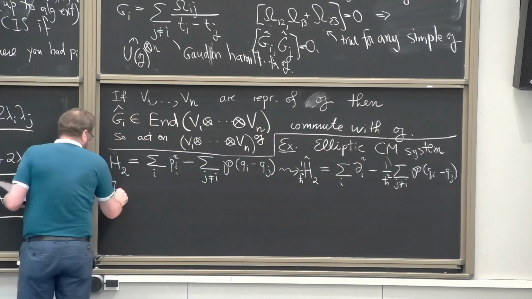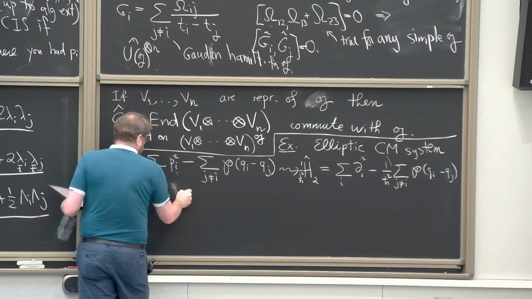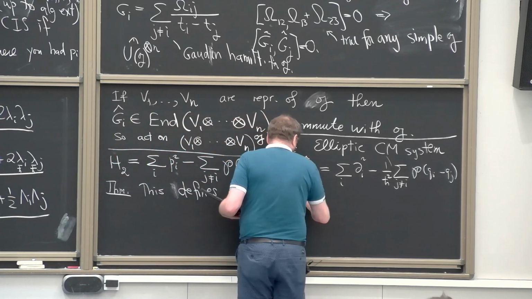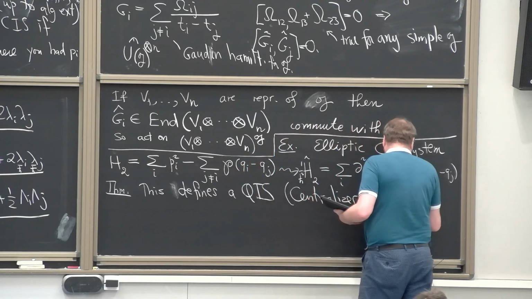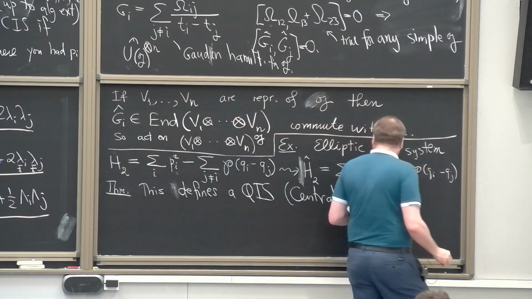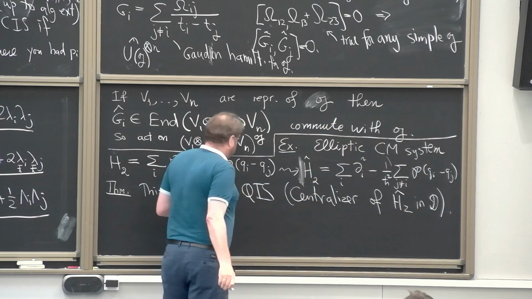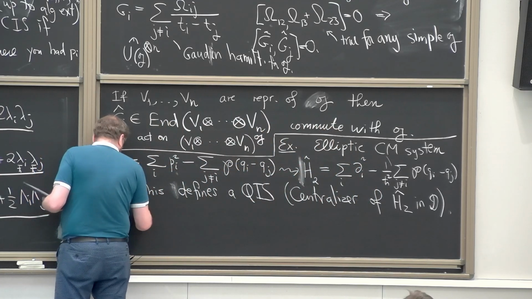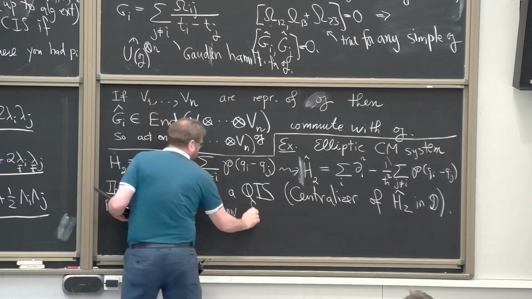And the theorem indeed is that this defines a quantum integrable system, which is just the centralizer of h2 hat in the differential operators in n variables, but it does not follow from the classical one.